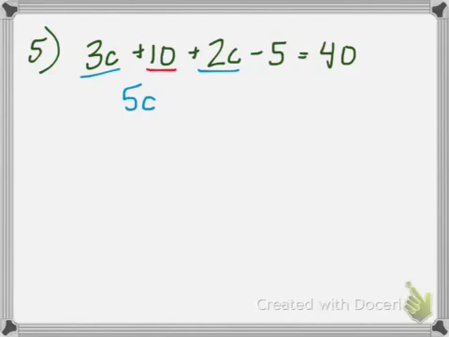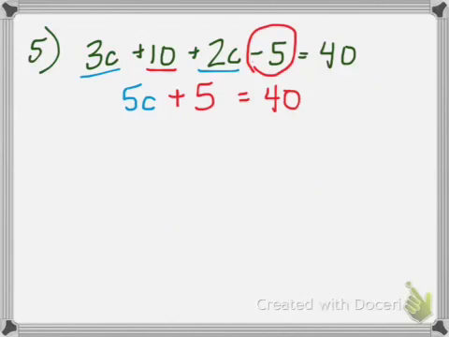So it's 10 minus 5, and I want to keep in mind that there's a subtraction sign in front of this 5. That's important. So 10 minus 5 is positive 5, so I'm going to write it as plus 5. Keep my equal sign, keep my 40. So now I have 5c plus 5 equals 40.